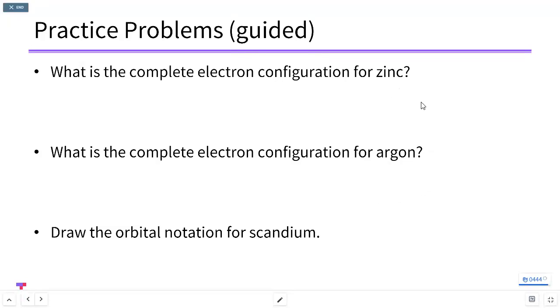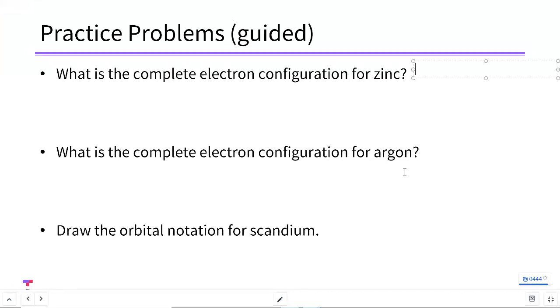So for zinc, I need to recognize, okay, zinc is in the D block, and in particular, it is in the 3D block. Why is that important? Well, because every electron configuration short of 3D is going to be completely filled. So all I need to do, I don't need to count each one. I just need to know how many electrons go into it.